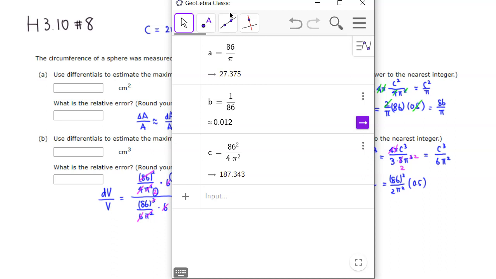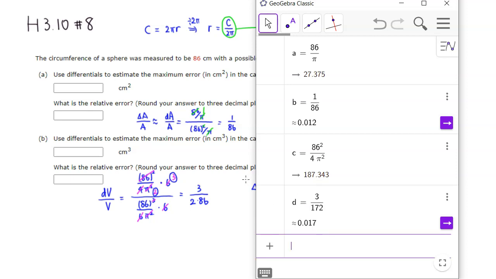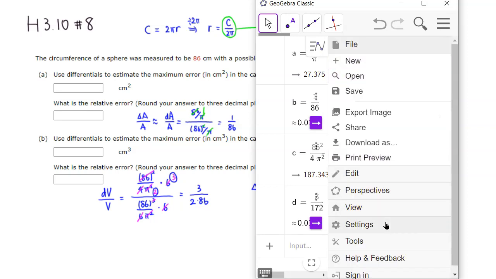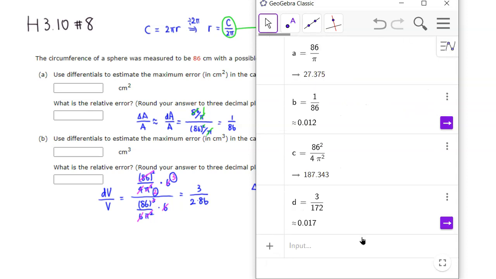So bring it up here. All right, so we're going to have 3 divided by 2 times 86, which is 172. Then hit enter. All right, and 3 decimal places. So I'm going to have to change the setting. Oh, actually it was already 3 decimal places.